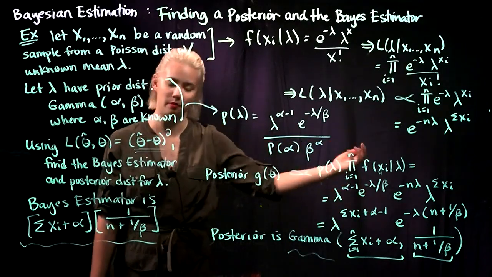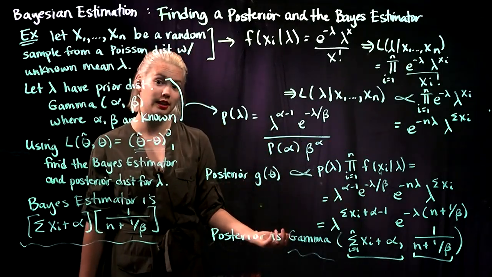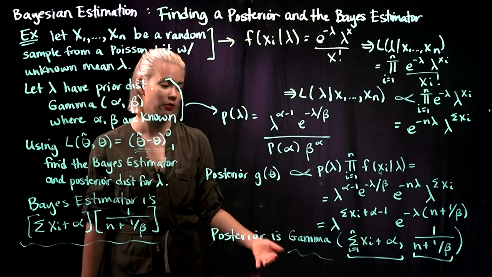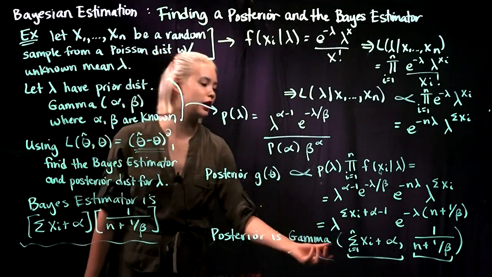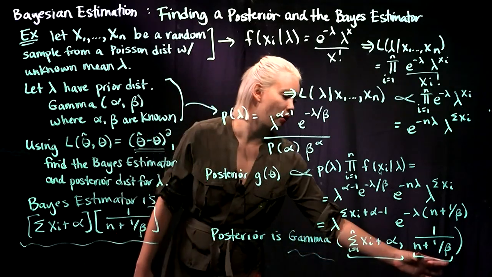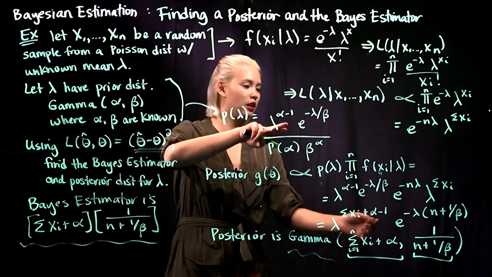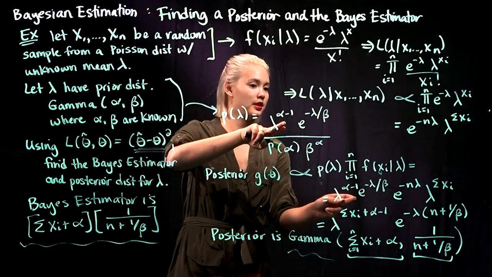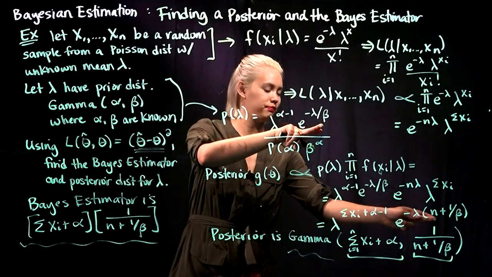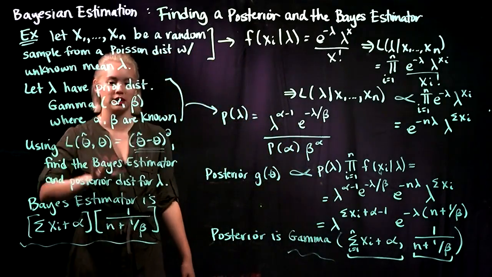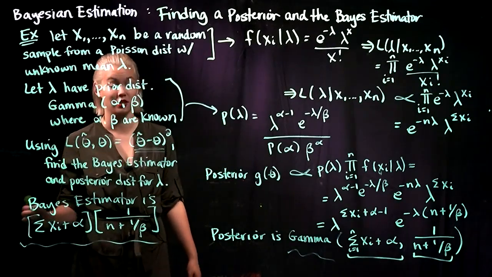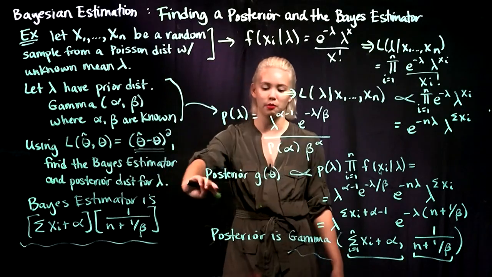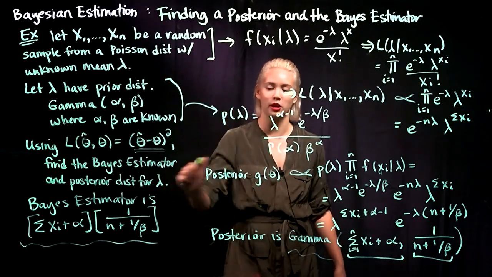So we wrote that out, combined like terms, and tried to recognize it as a distribution that we already know. We recognized it as a gamma, so all that we needed to do was figure out what the first number and second number are. It was just a matter of matching up this with this and this with that. Then, for the Bayes estimator, we looked at our loss function, squared error loss. We knew we needed the posterior mean, and so we calculated that.